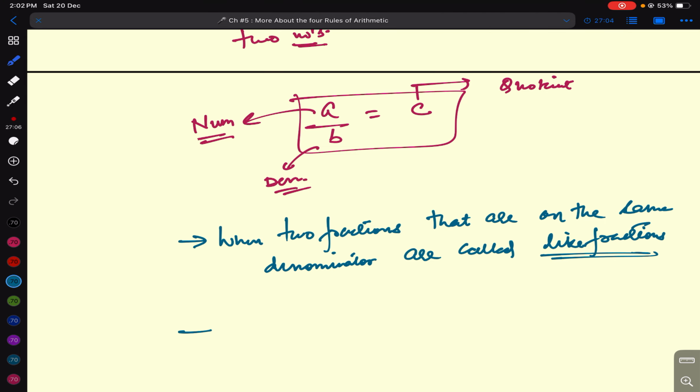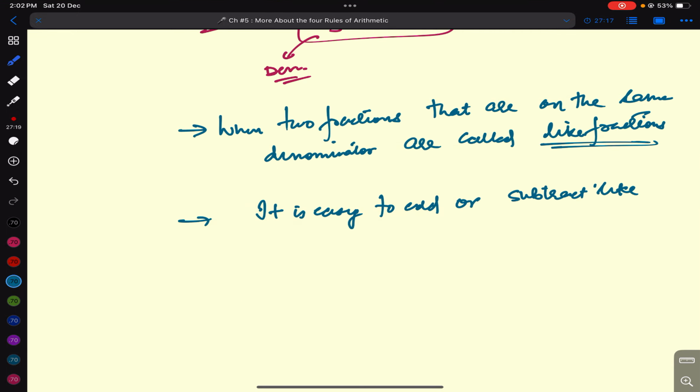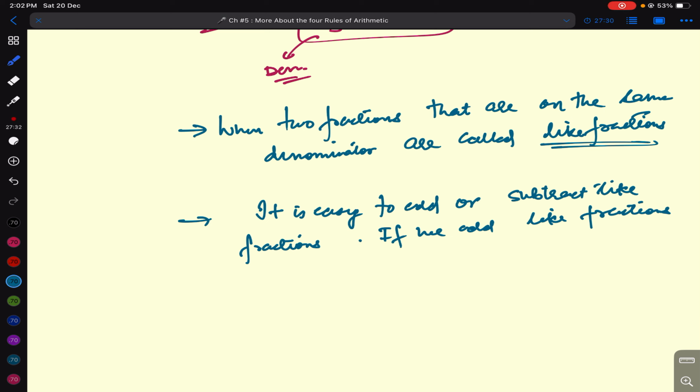Okay, so why is it easy to add or subtract like fractions? If we add like fractions, we just add the numerators, because the denominators are already the same.